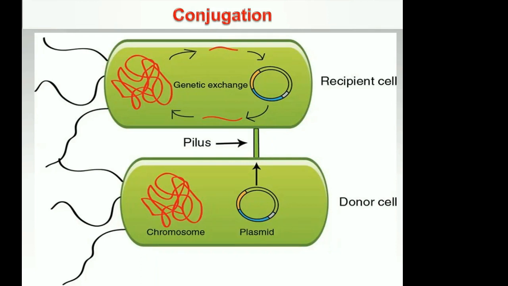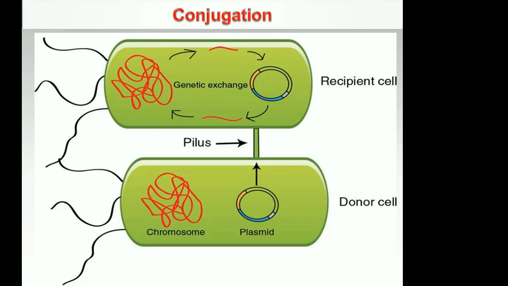The donor cell consists of a plasmid which is transferred to the recipient cell, and further that plasmid gets exchanged with the genetic material of the recipient cell and produces recombinant DNA in the recipient cell.